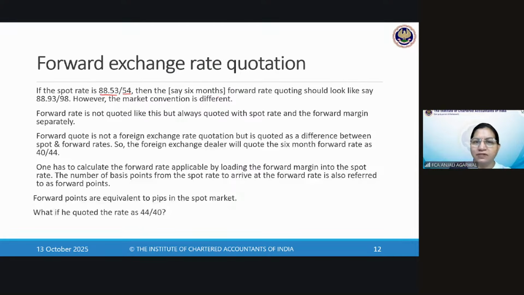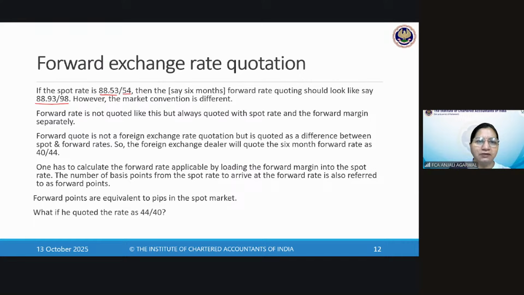Then let's say after 6 months, the forward rate quote should look something like 88.93 / 88.98. So this means that the price of the dollar has increased from 88.53 to 88.93. That's the bid rate has increased by 40 basis points.